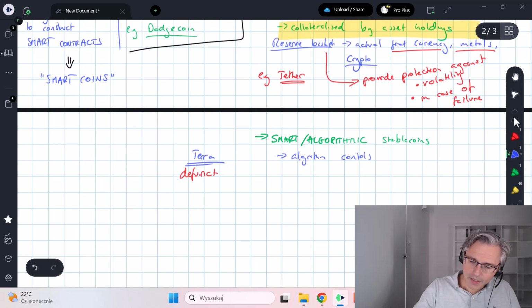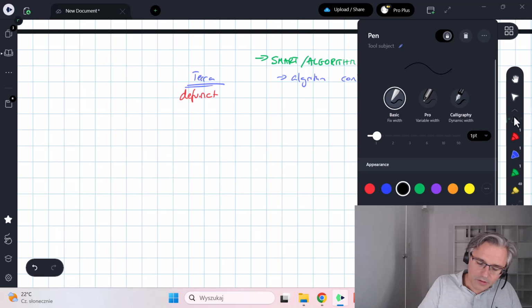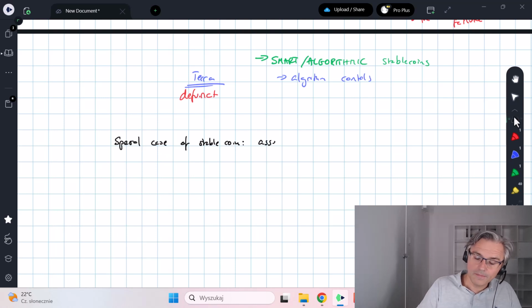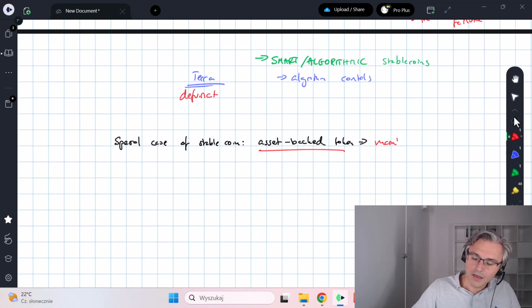A special case of stable coin, which you may want to register somewhere in your mind, is something called the asset-backed token. Here, the idea is that the asset-backed token should maintain parity with a chosen asset.